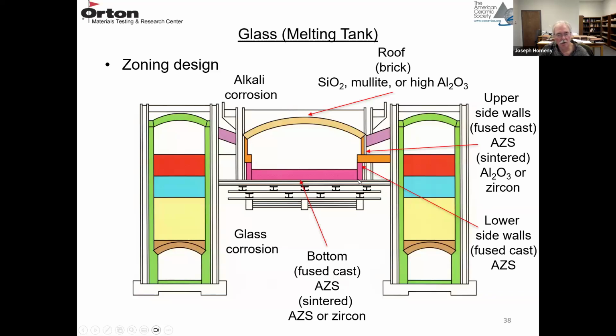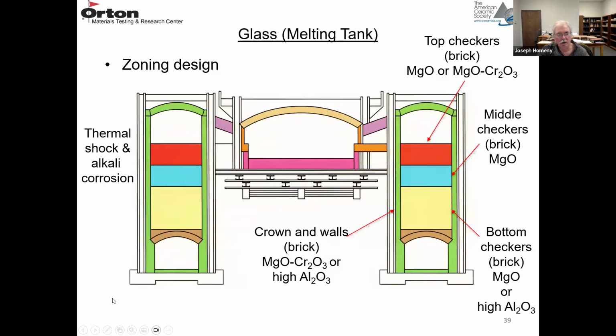And the lower sidewalls are pretty much all fused cast AZS. So the fused cast material is in the bottom and the lower sidewalls that are in contact with the glass. It's the best refractory to use in contact with the glass.